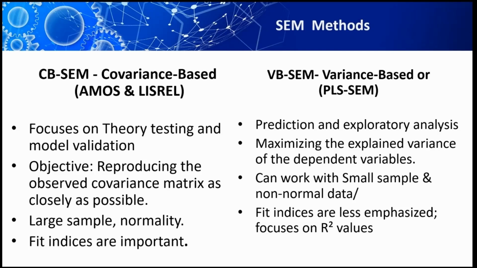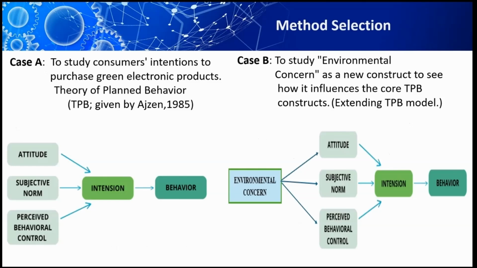Here the major emphasis is on the R square value, that is the coefficient of determination. I am more concerned about explaining the variance in the dependent variable. Now, as a researcher, a little bit I am confused about when I should go for CB-SEM or PLS-SEM. So let us simplify it with two cases.